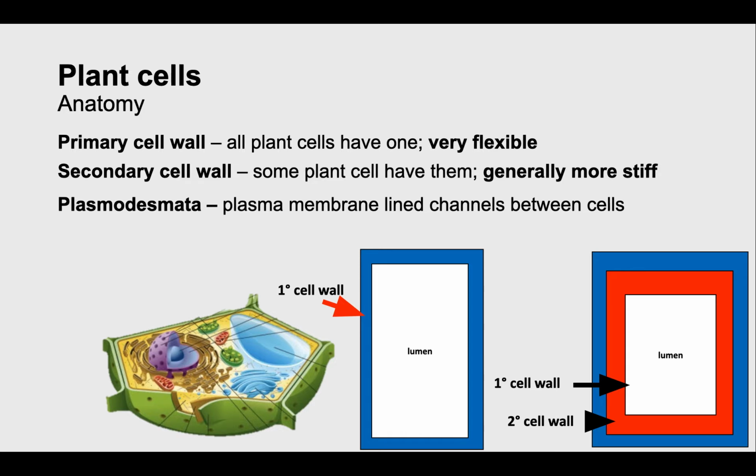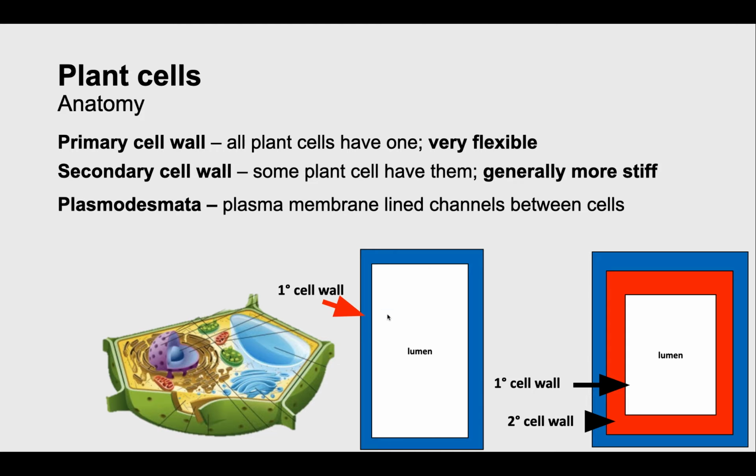One of the things about a plant is that they have this cell wall. They could have two cell walls depending on the species we're looking at. All plants are going to have a primary cell wall, which is in blue here. This lumen is the middle of the cell, this is the cell wall in blue, and everything outside is extracellular.